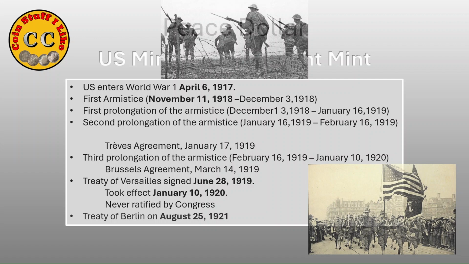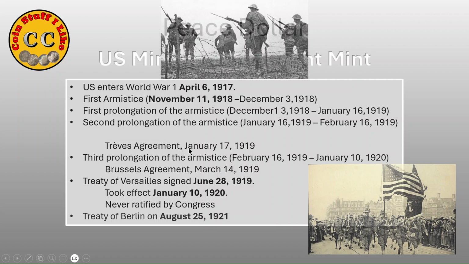And then the first armistice was signed November 11th, 1918. And of course, there's a number of prolongations of the armistice while they work out the details of a peace treaty.